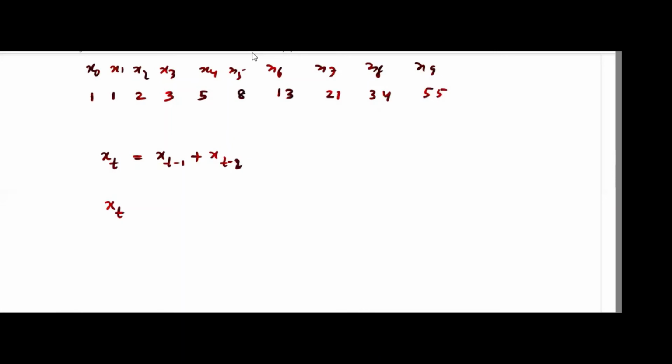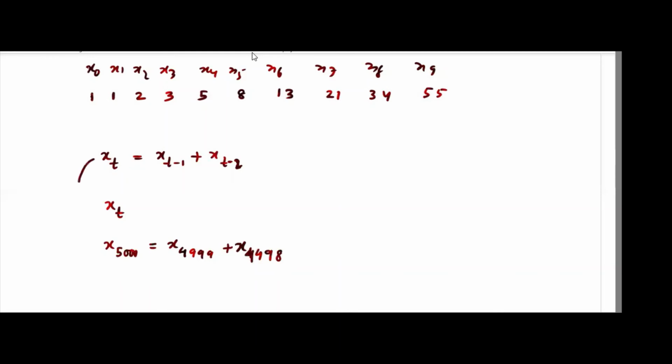So you know this. Now if you want to express xt in terms of its previous values, that's fine. If someone will ask what is x5000, you will not be able to answer. You will say it should be x4999 plus x4998. How can it give you some kind of value, because you don't know x4998.